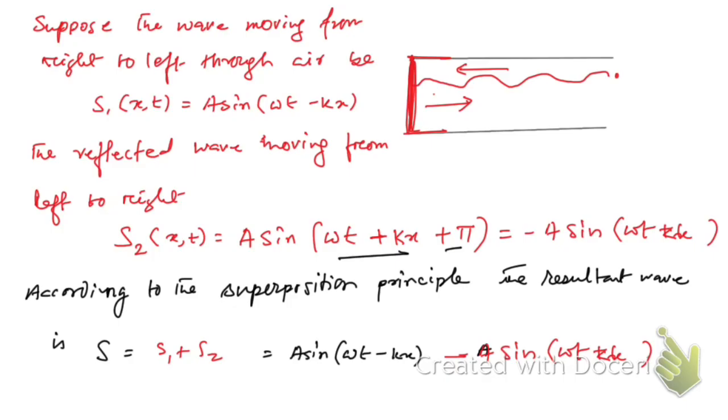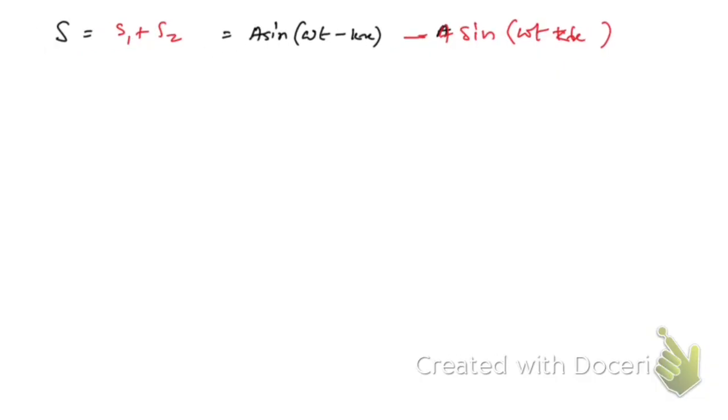Then let me copy this step and go to a new slide. Here is the new slide, and this is the last step that we have done. Now hope you know this identity from trigonometry, that sine c minus sine d is equal to 2 cos((c plus d)/2) sine((c minus d)/2).